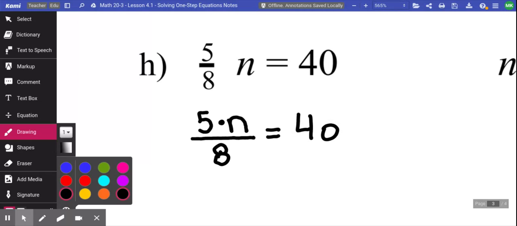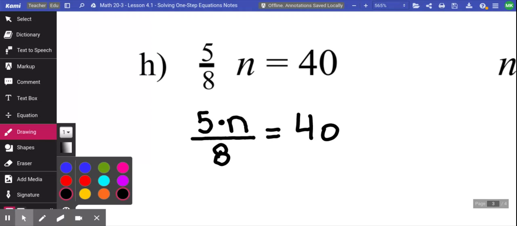Okay, that's the same idea. And if you can change this to be that, then we can use our same trick to get n by itself. So you're going to have to multiply to get rid of the 8, because that's the opposite of divide by 8. And then you're going to divide to get rid of the 5, because that's the opposite of multiply.